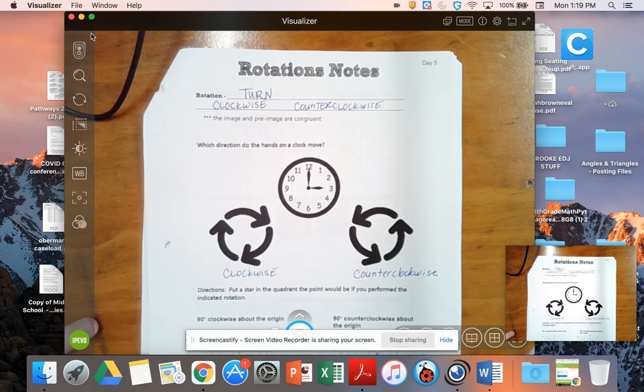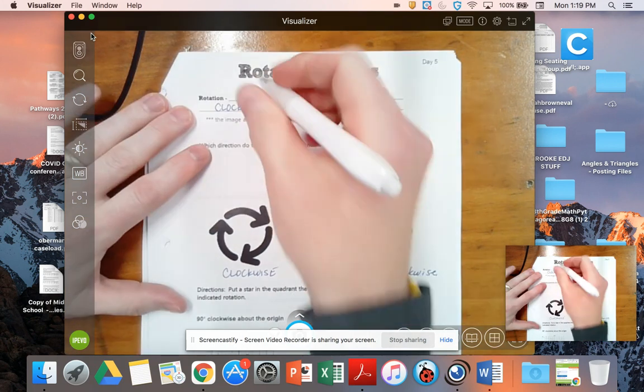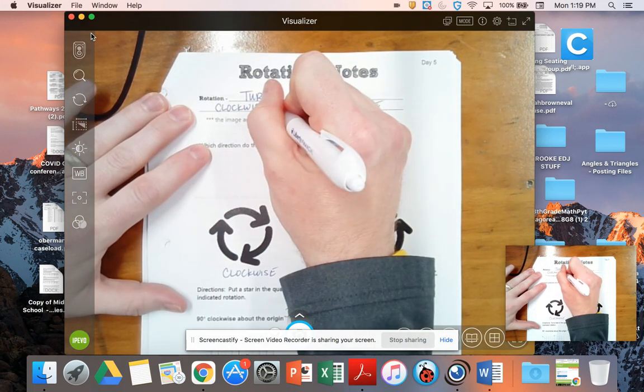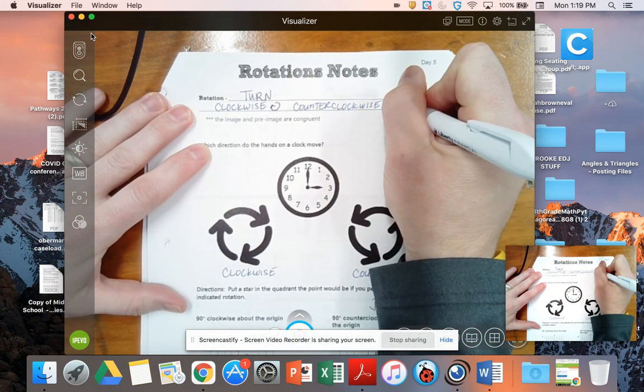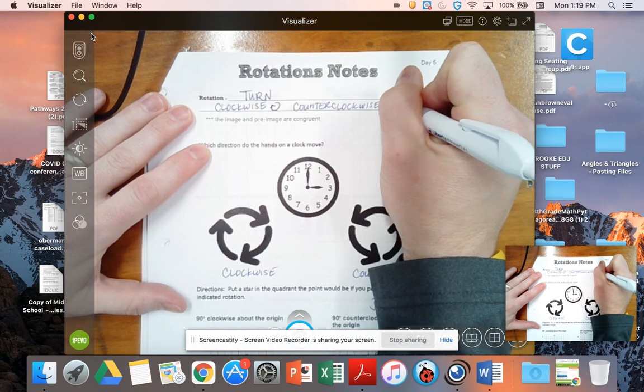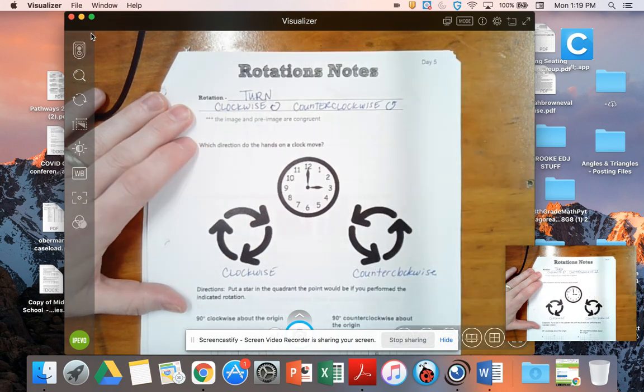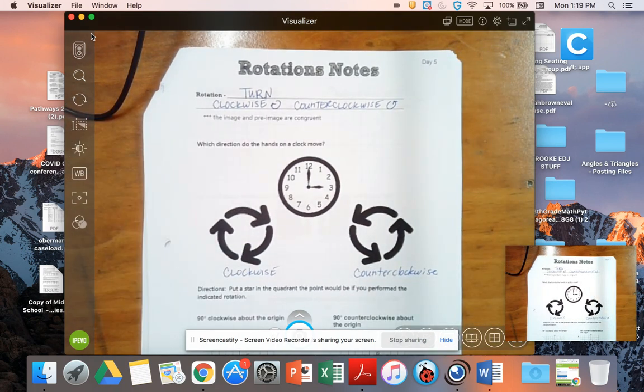So clockwise is going to be turning in that direction. Counterclockwise turns in the opposite direction. Okay, so that was what we're going to do.